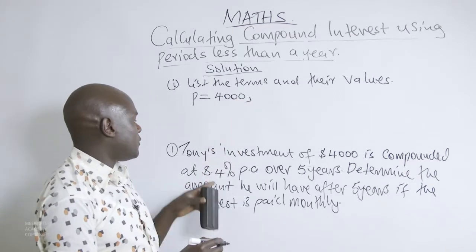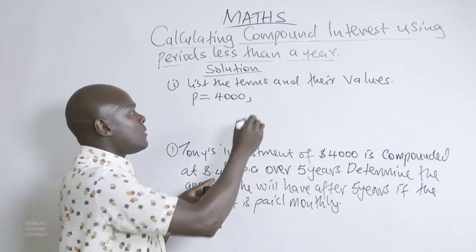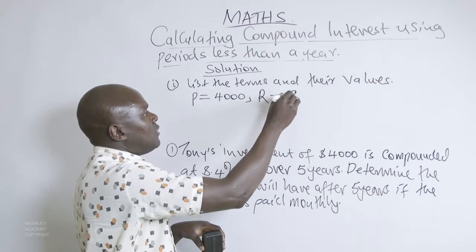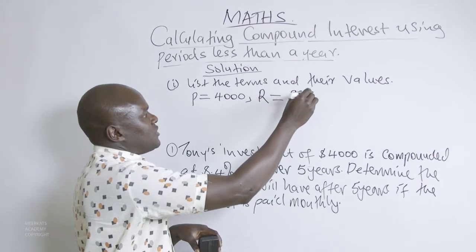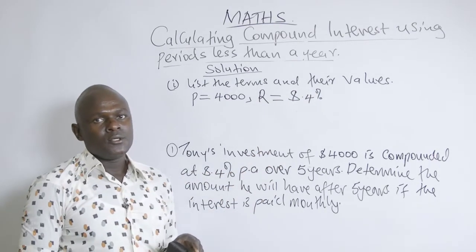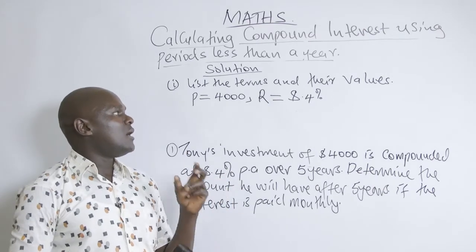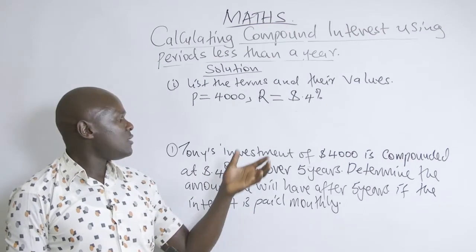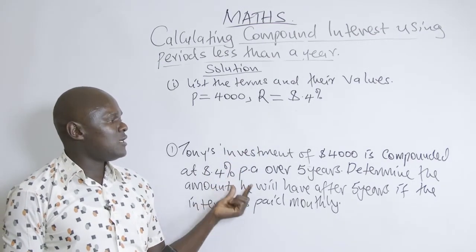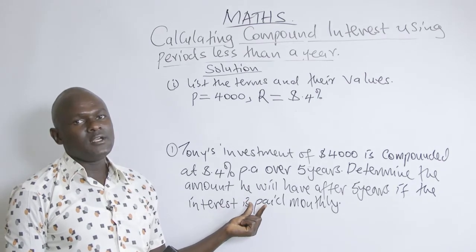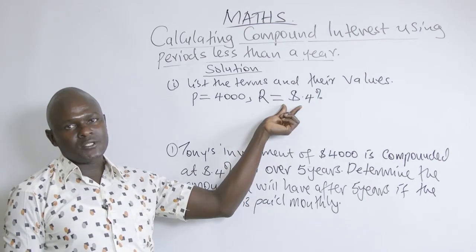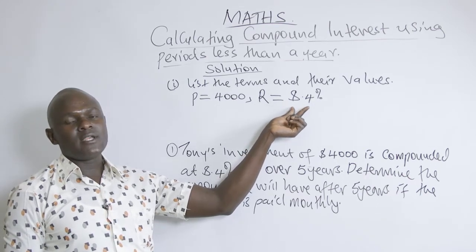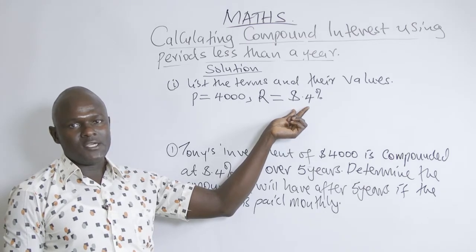Another term that we are provided with is the rate. We are told the rate is 8.4%. In one of the lessons where we dealt with the conversion of rates and periods, we said that if this rate is given per year and we are talking about a period less than a year, we need to divide this rate by the number of periods that we have in a year.